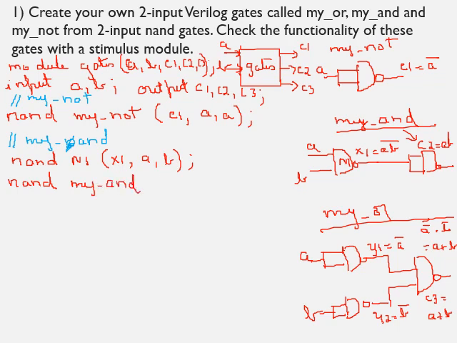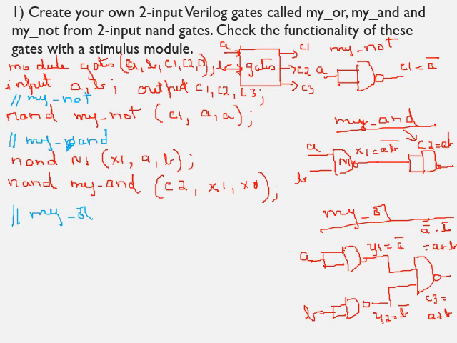The output of that is C2 and the input is X1. Both the inputs are X1 only because it is behaving like an inverter. The last one is my OR gate.